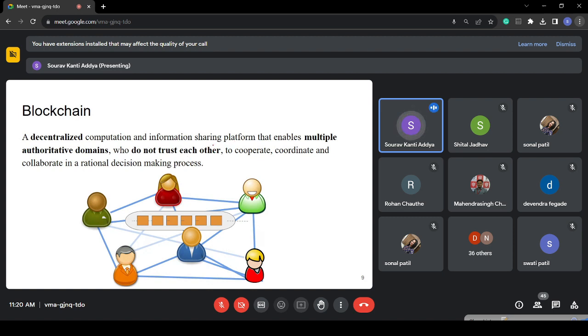That's why it's a computation and information sharing platform that enables multiple authoritative domains who do not trust each other to cooperate, coordinate, and collaborate in a rational decision-making process. So please note these three words: rational decision-making process. Understood? I think things will be more clear if you go in depth.